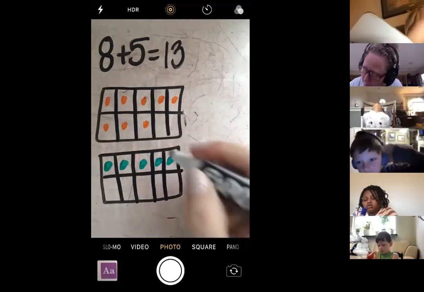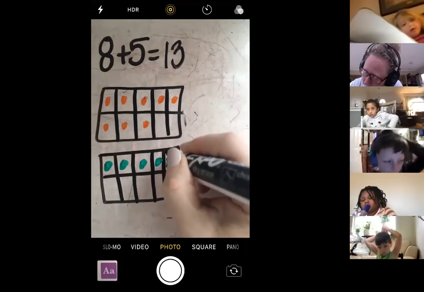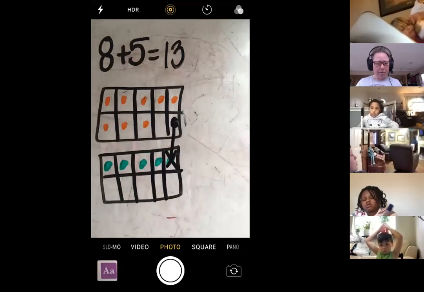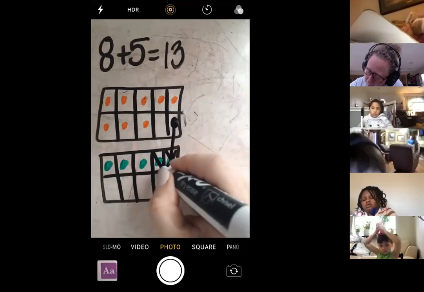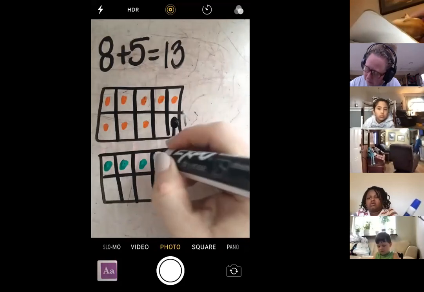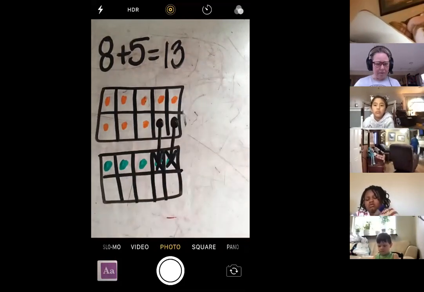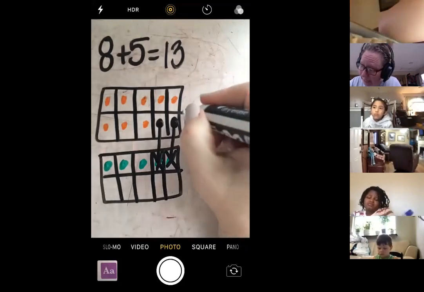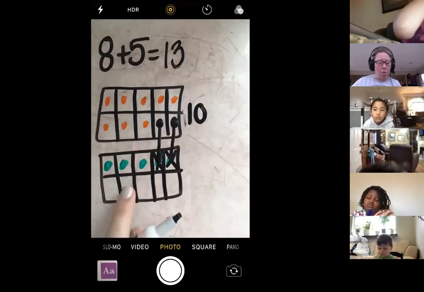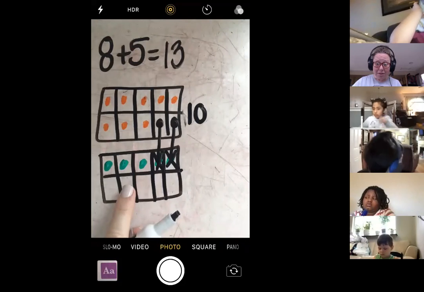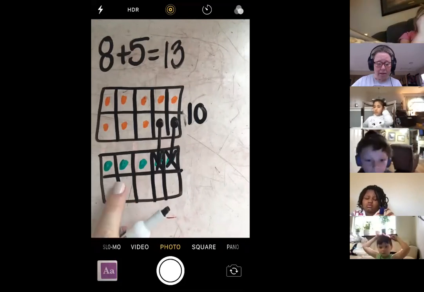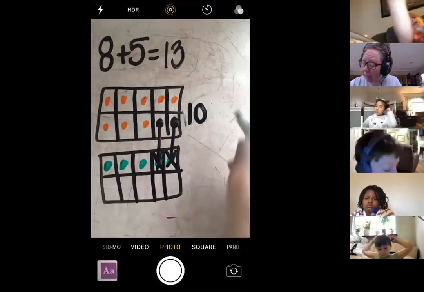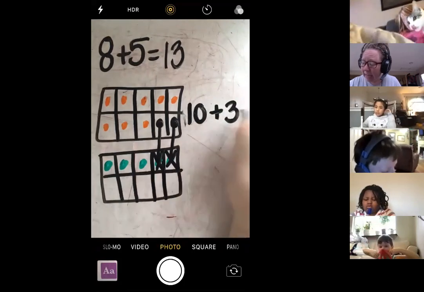I think I'll move this one up here. And I think I'll move this one up here. Now, do I have 10? Yeah. I do have 10. How many more do I have down here? 1, 2, 3. I have 3 down here.